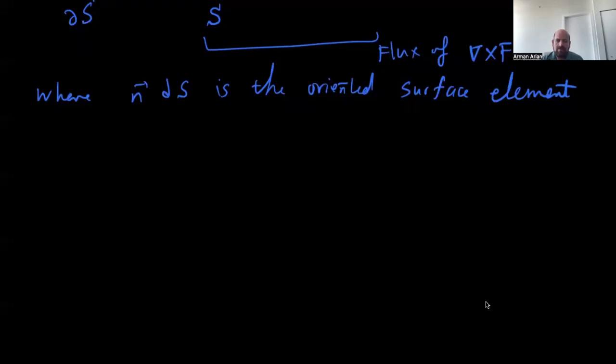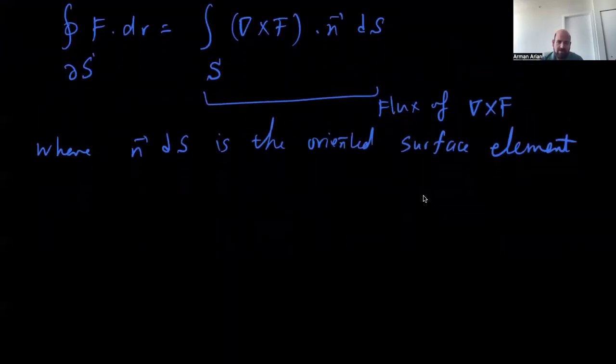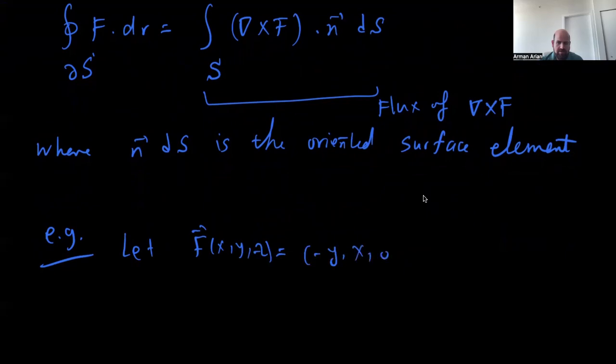Right. So now let's look at an example of Stokes' theorem, a simple example where we can verify the theorem. We can calculate the left-hand side and right-hand side and verify that they're equal. So let's look at an example. Let F of x, y, z equal minus y, x, 0.